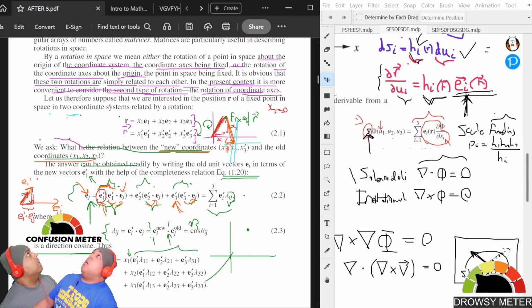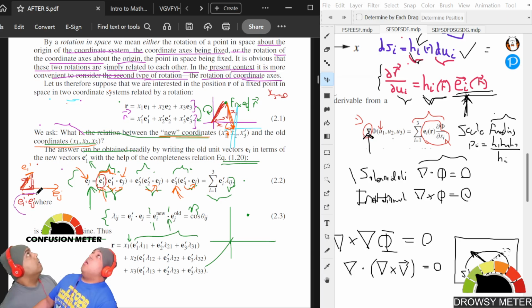I guess the point is that this is how much, like what percentage, of E1 prime is in the EJ direction. So it's kind of like a fraction.